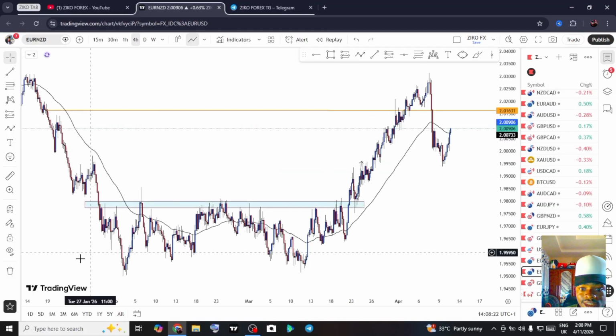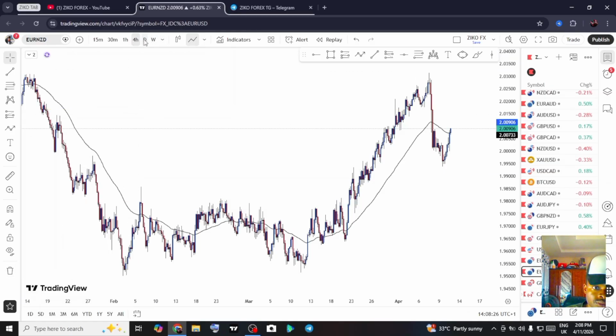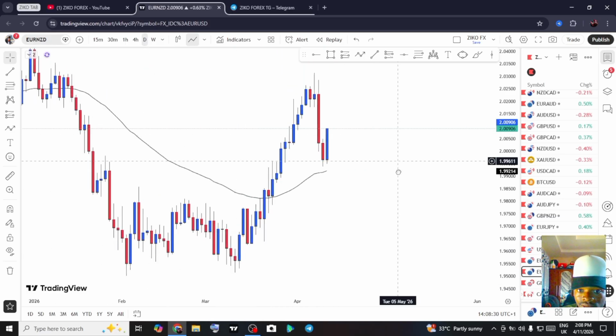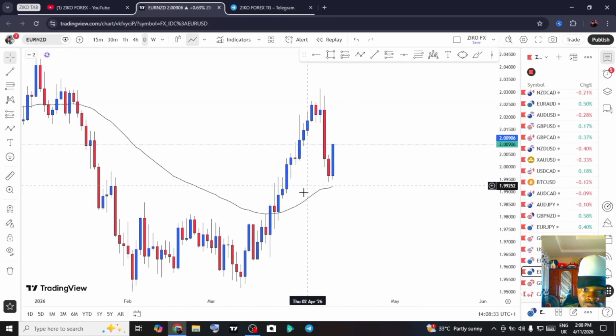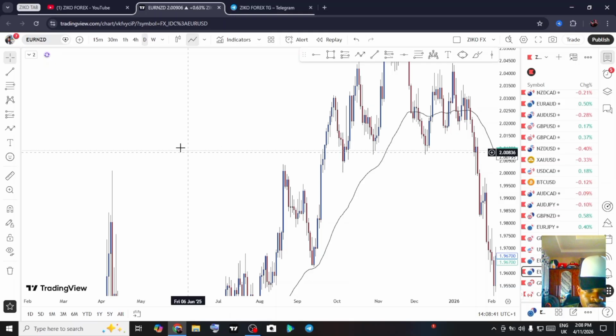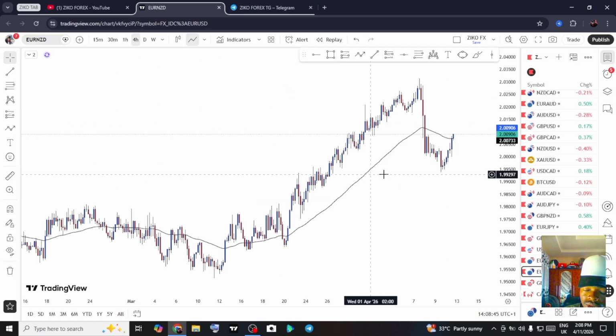Euro NZD. All right, Euro NZD daily time frame, come a little bit close. Daily time frame is bullish, right? No clean area of interest on the daily for now. Let's see how the forward looks.